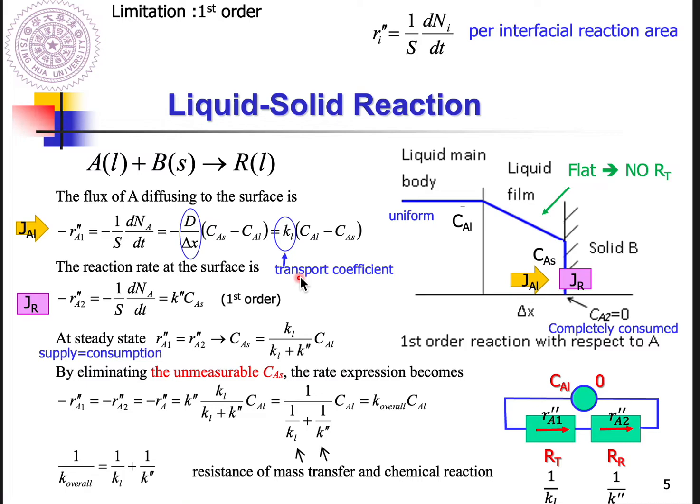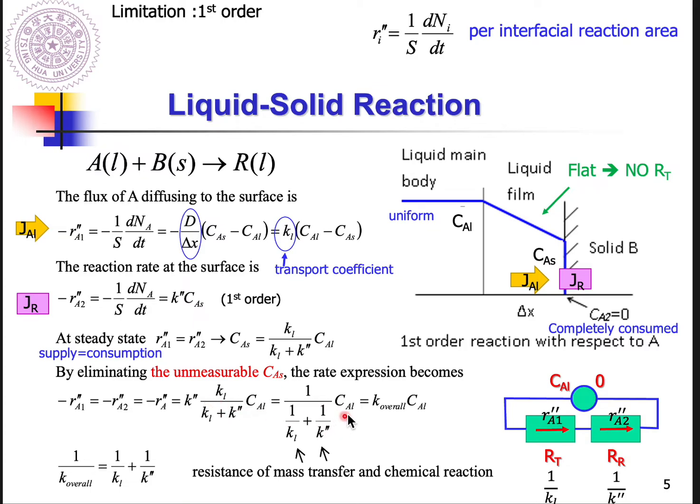A higher transport coefficient means faster transport. The reciprocal of the transport coefficient is the resistance. If you transport faster, the resistance is small. Same idea: a higher rate constant means reacting faster, and the reciprocal of the rate constant gives you the resistance of the chemical reaction. So this is the result.